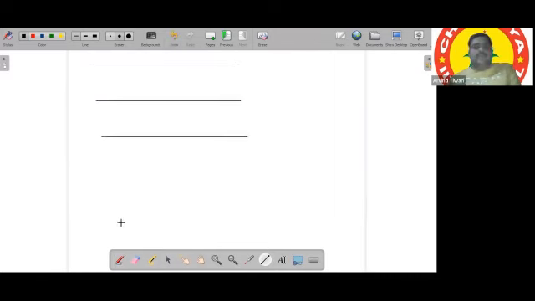See, again, you take the 3 media. So first of all, this is your air. Then you have medium 1, medium 2. Relative refractive index, that means the refractive index of medium 2 with respect to 1, we write it as N21, which will be equal to N2 by N1.